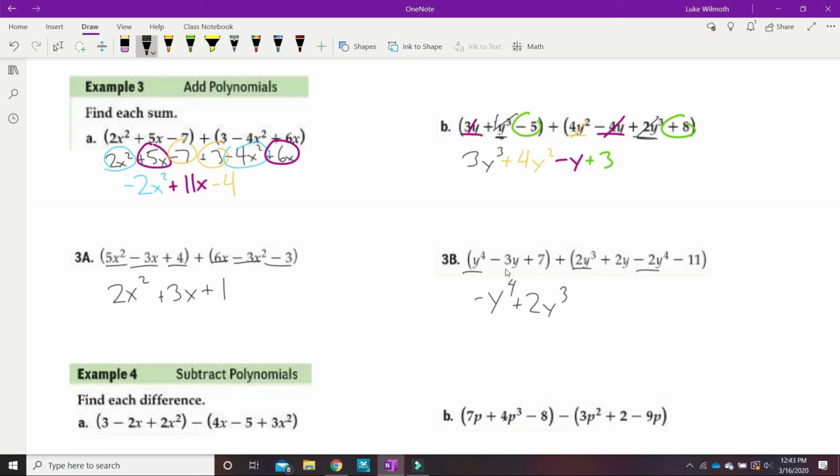There's no y squareds. Negative 3y plus 2y is negative 1y. And 7 take away 11 is going to be negative 4. All right. Hopefully you got those right.